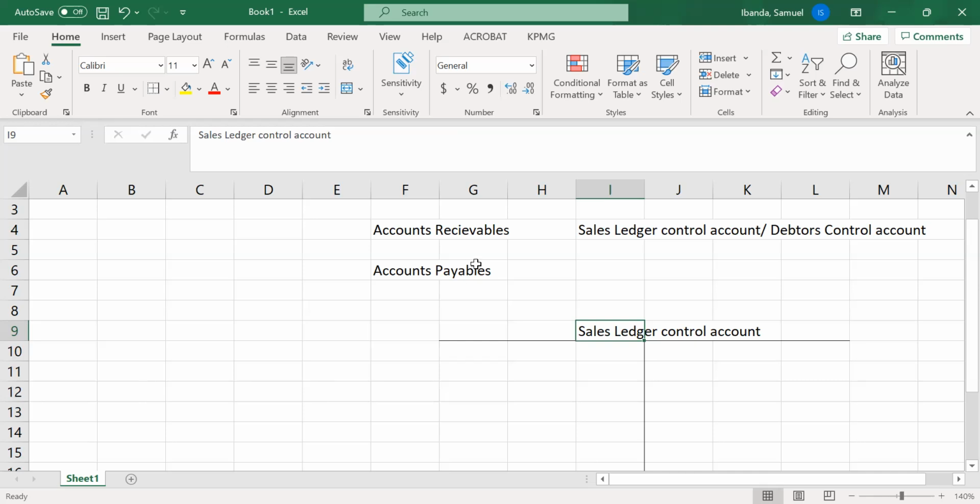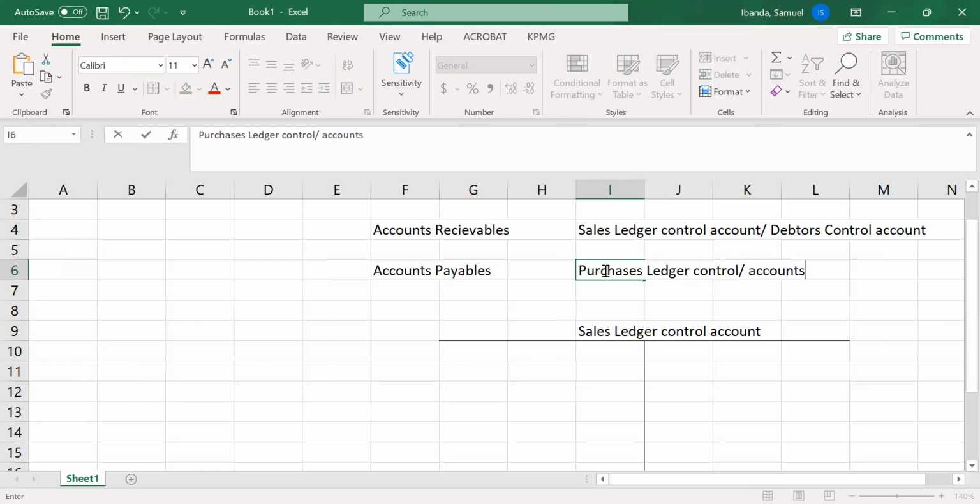Everything around that. And when it comes to accounts payable, it can be called the purchases ledger contra account. It can also be called the accounts payable contra account, like that.